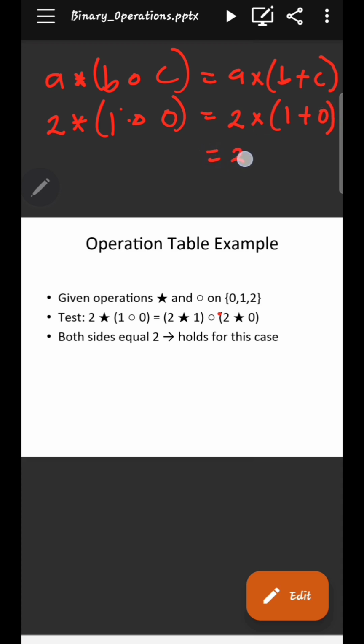So we have 2 times 1. That gives us 2, isn't it? Now let's check the other way out. Let's just bring this forward.